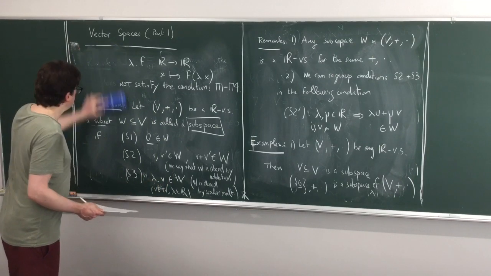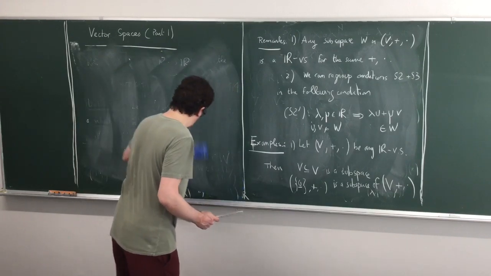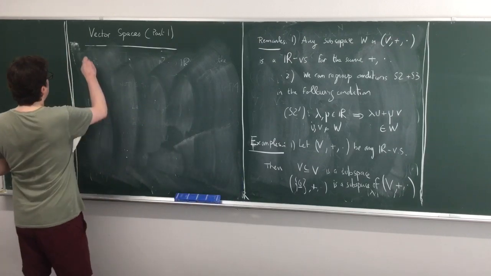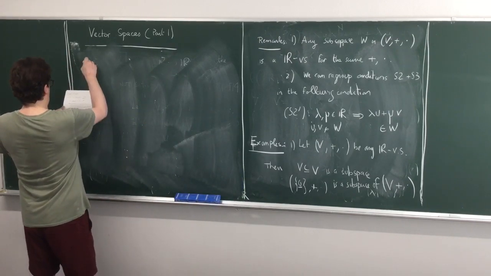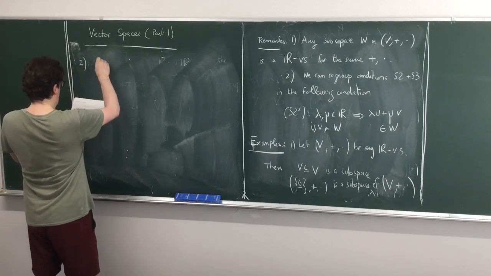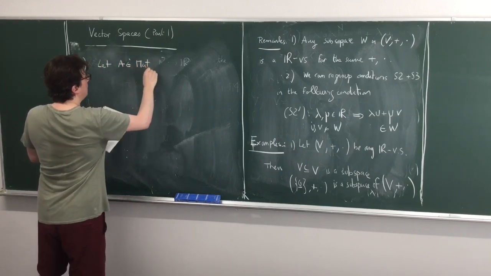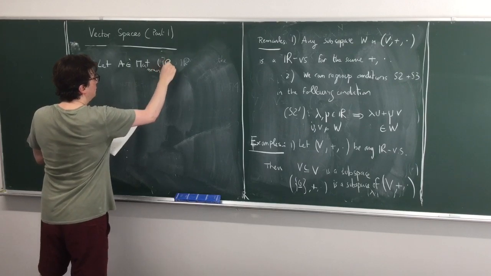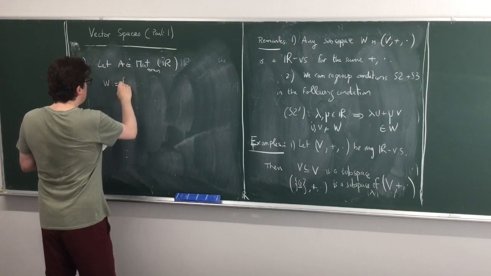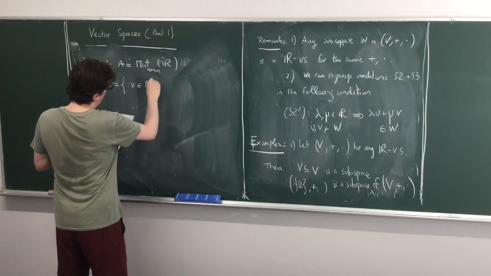Let me give you another example. Here you consider a matrix A in Mat m by n of R, and you will consider W to be the set of column vectors.